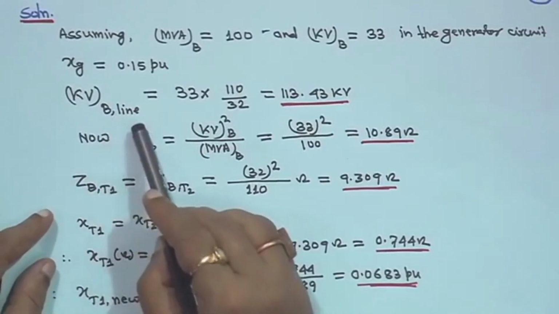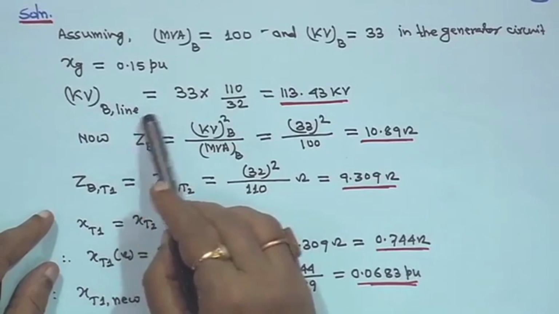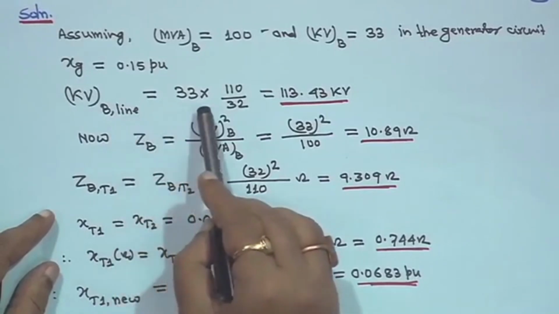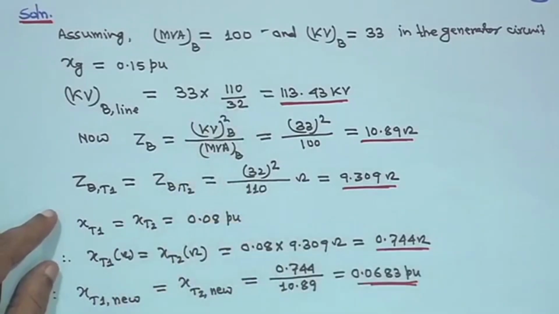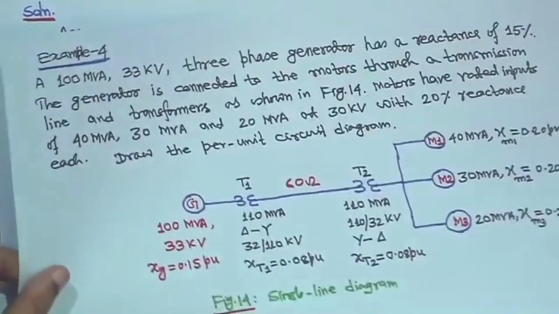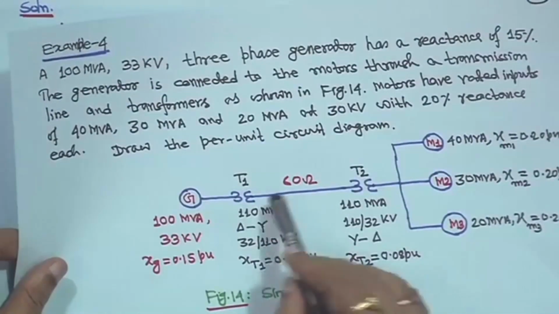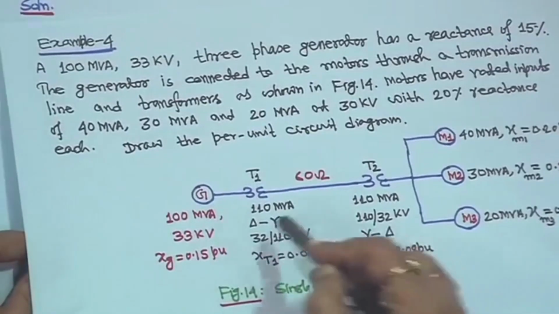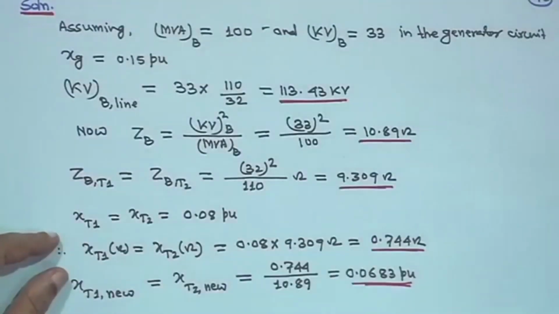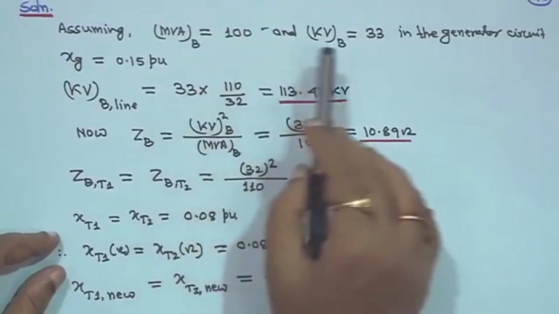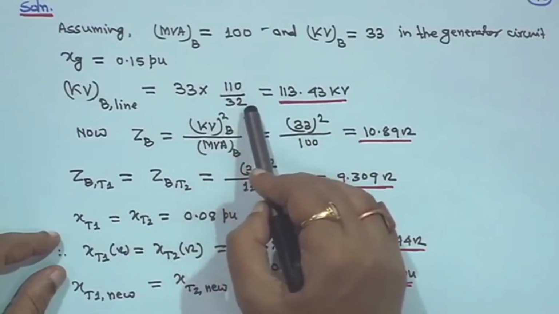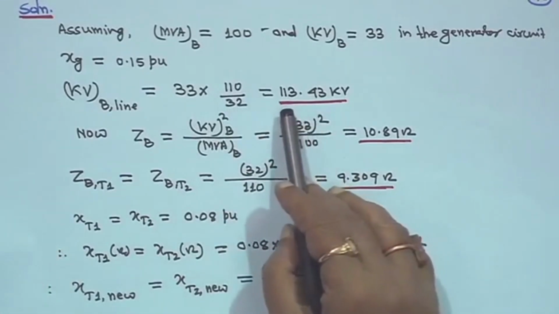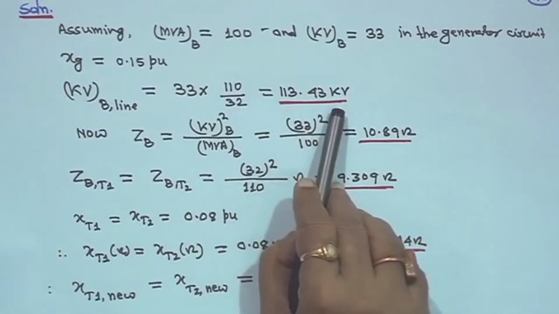Therefore, the line base voltage kV_B line will be 33 into 110 by 32, because this transformer is 32 by 110, the line side is 110 kV, but we have to convert it to the common base. The base voltage we have taken is 33, so the line side will be 33 into 110 by 32, that is 113.43 kV.